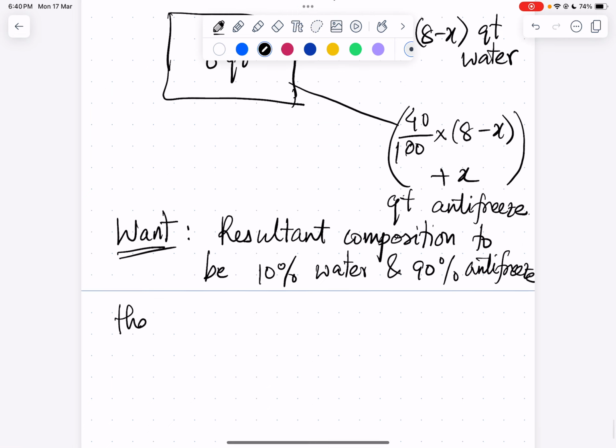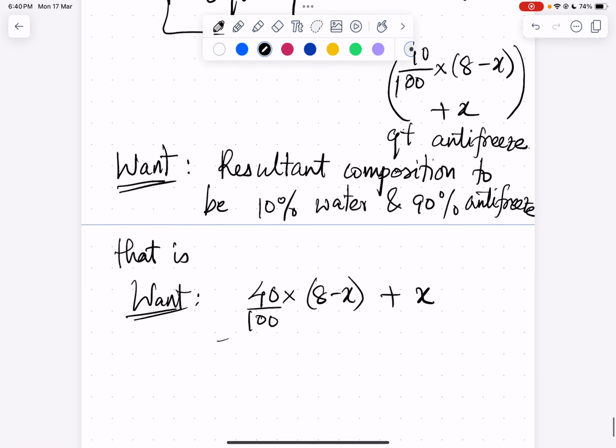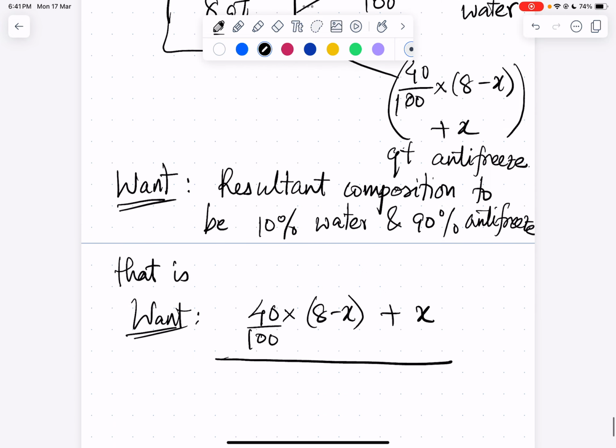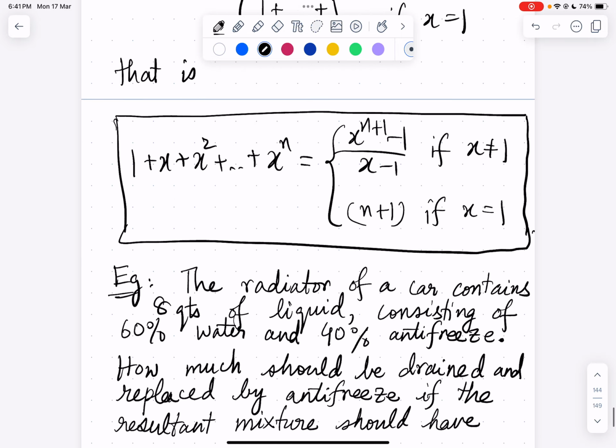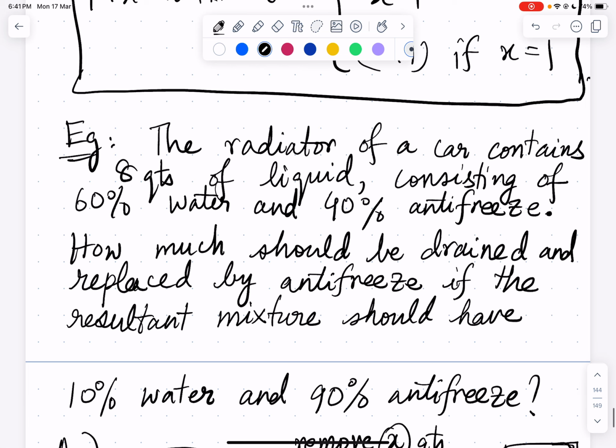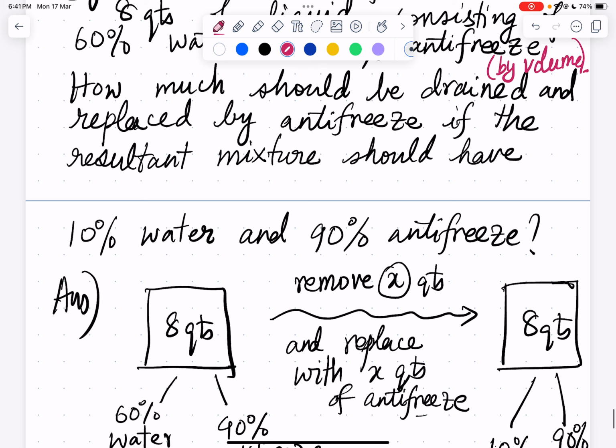That is, we want this 40 by 100 times 8 minus X plus X divided by the total volume 8. This is 90 by 100. So these percentages, by the way, the question should mention, although Lang doesn't mention it, but it should mention by volume, such that this mixture is this by volume. So the percentages are all by volume, not by weights or anything.